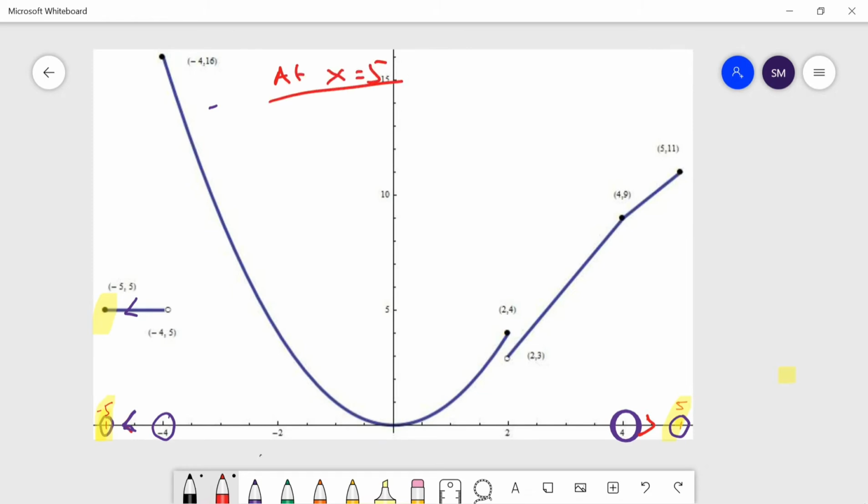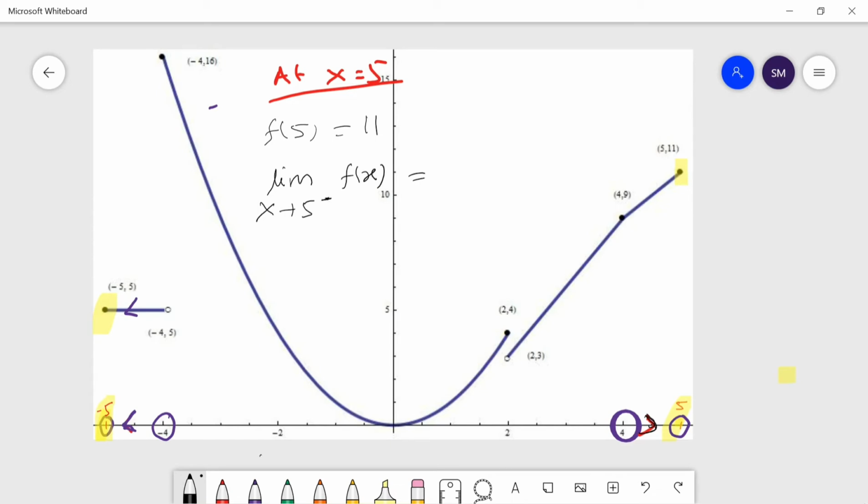The next case is at x equal 5. In this case we'll see the value. f of 5 is equal to 11, and consider the left hand limit, x tends to 5 minus f of x.